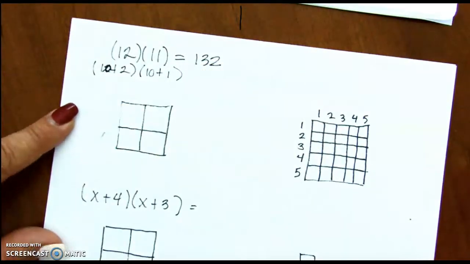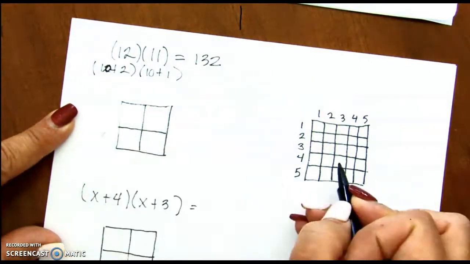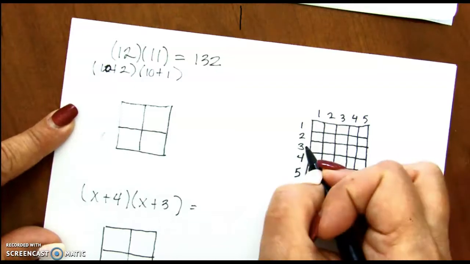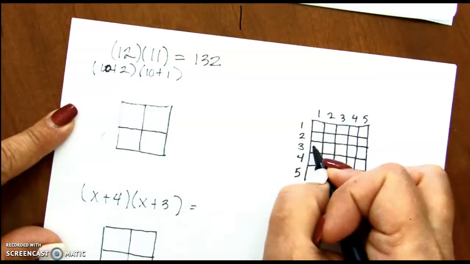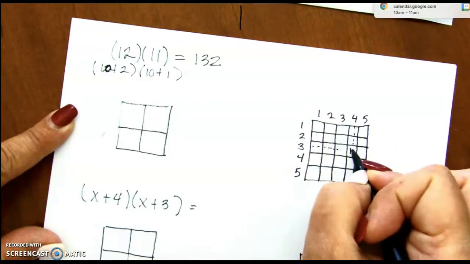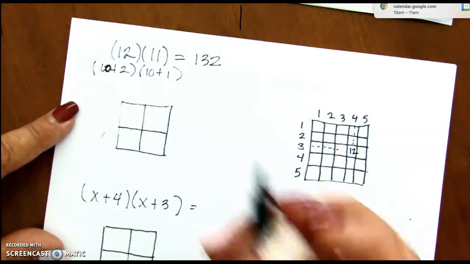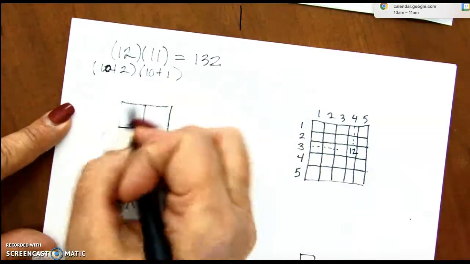Let's multiply 12 times 11 using an area model. So just like a multiplication chart, if I want to multiply 3 times 4, I would just line up the 3 and the 4, and 3 times 4 makes 12. So I'm going to do the same thing in this area model here.